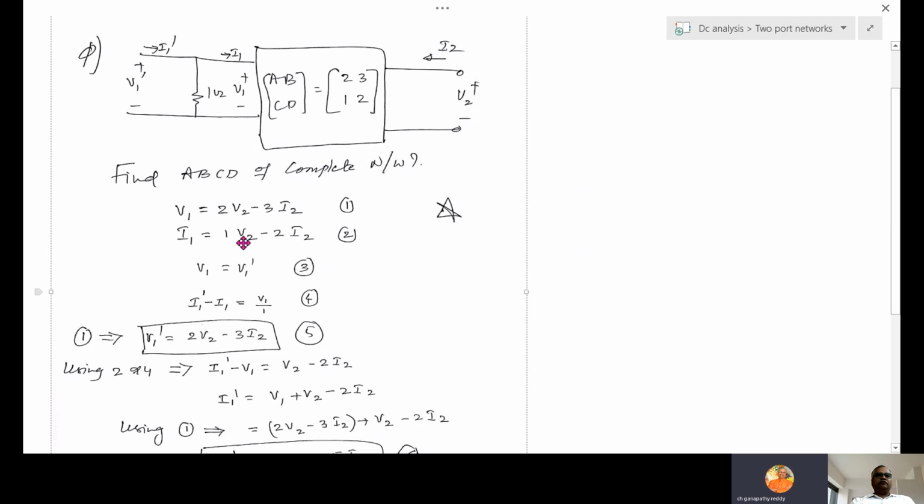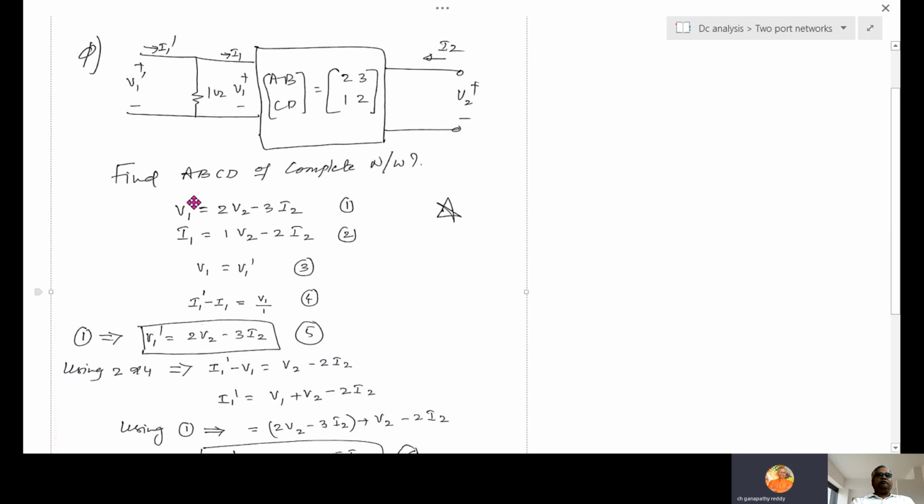That is the easy way of doing it. What is the other way? Here V1, I1, V2, I2 for this box, and here V1 prime, I1 prime. For this box, ABCD is given, and V1 is equal to V1 prime.